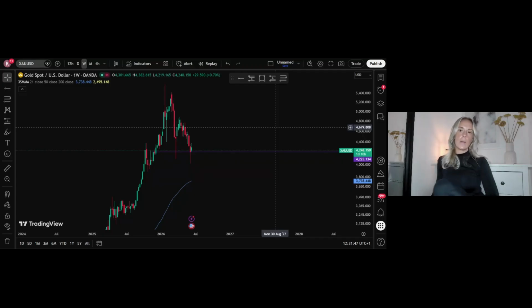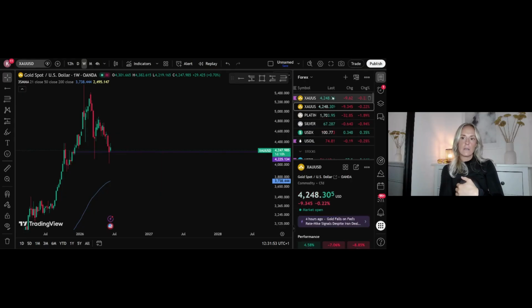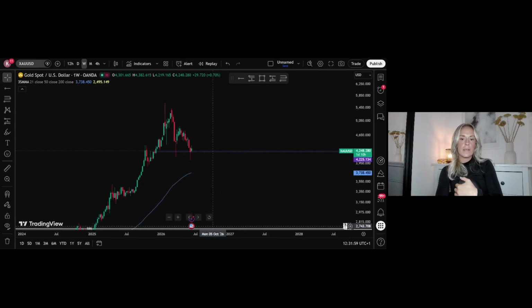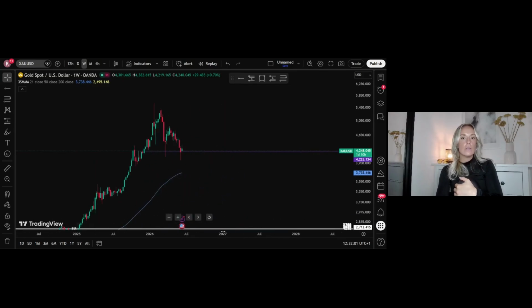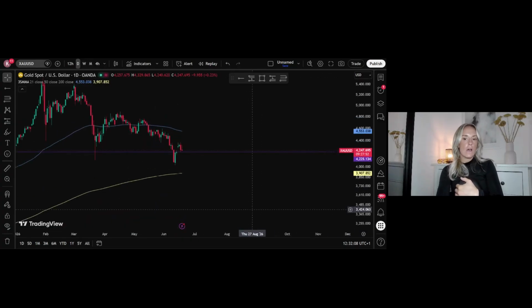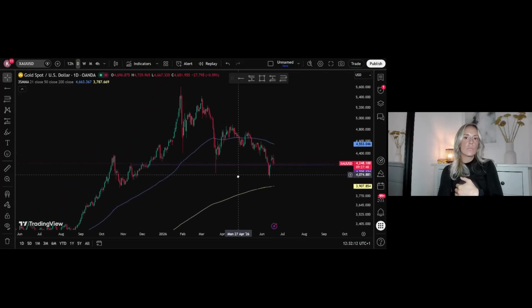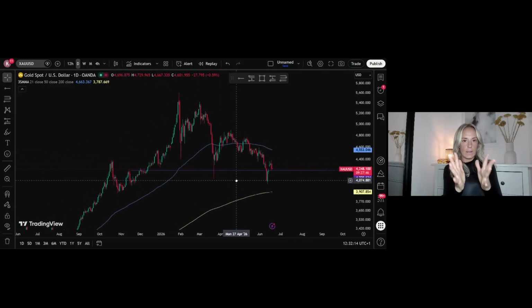So what I would suggest doing is opening your watch list, adding 1 or 2 pairs, looking at those pairs, practice zooming in and out, look at different time frames, go on your monthly, your weekly, your daily, and just get to grips with looking at the chart.